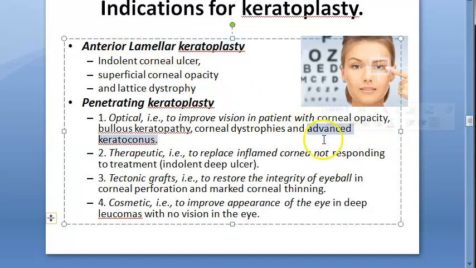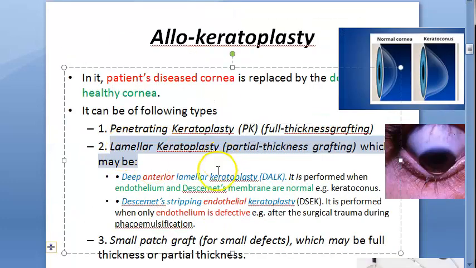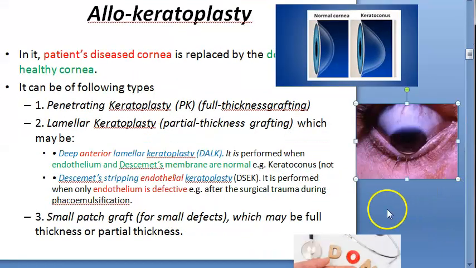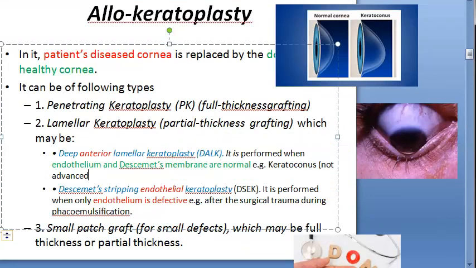But if it is advanced only they are doing penetrating. If you remember here, lamellar, see it is mentioned keratoconus, but it is not advanced keratoconus, right? Only for initial, not advanced keratoconus. For advanced keratoconus, they are talking about penetrating keratoplasty.